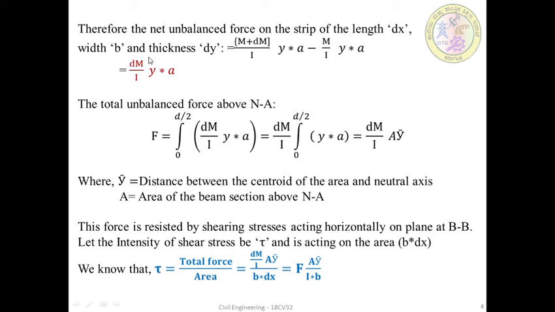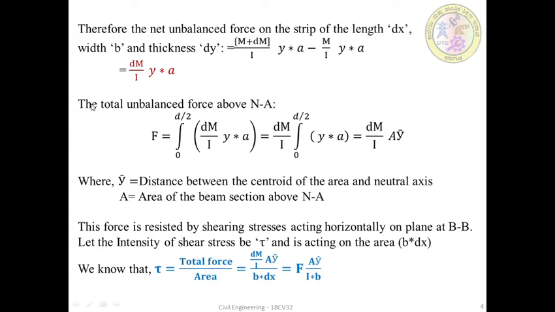So that will give rise to dM divided by I into y multiplied by a. The first part is the force acting over section BB minus the force acting at section AA, because this force is acting in the upward direction and that force is acting in the downward direction.